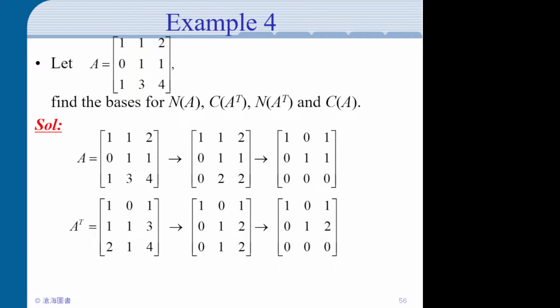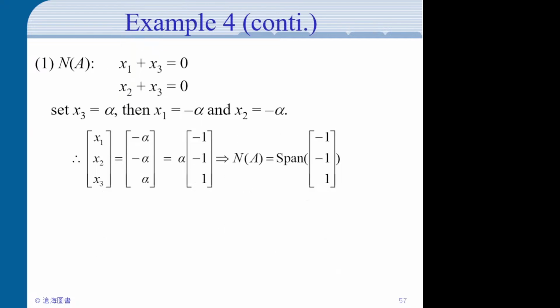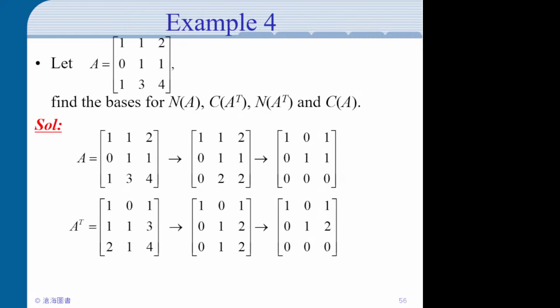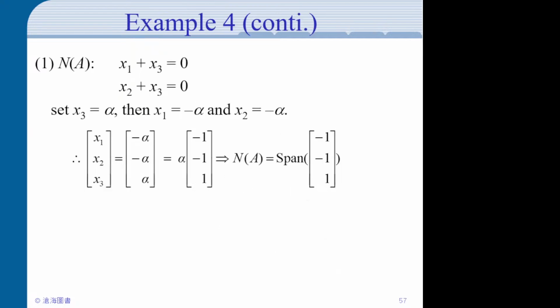For the null space, we have known this from chapter 1. We have the Gaussian elimination from here, and then we find the null space by solving Ux equals 0, and that gives you two equations: x1 plus x3 equals 0, x2 plus x3 equals 0.